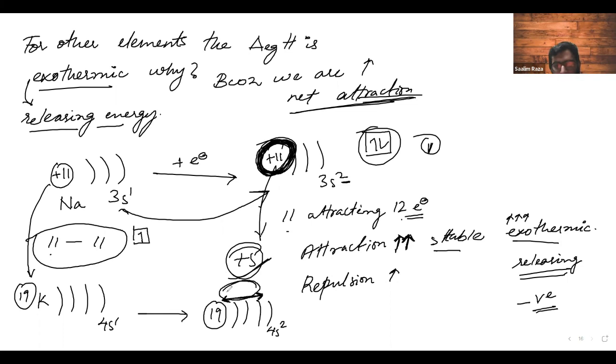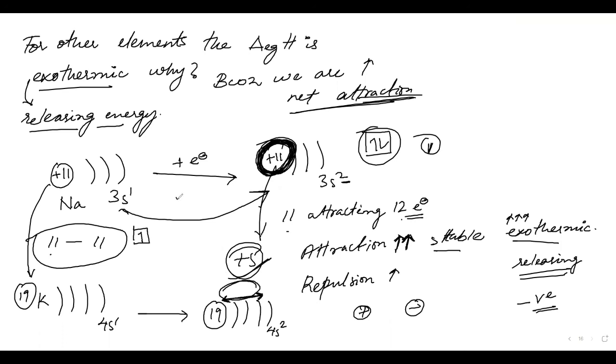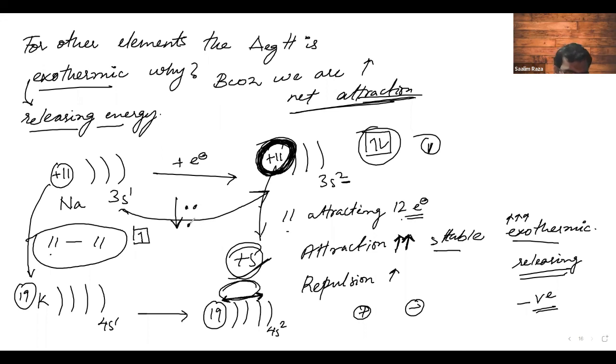If distance increases, the attraction between these positive and negative charges will be lower than before. So if we go down, we are increasing the distance, and this increase in distance was due to shell number.